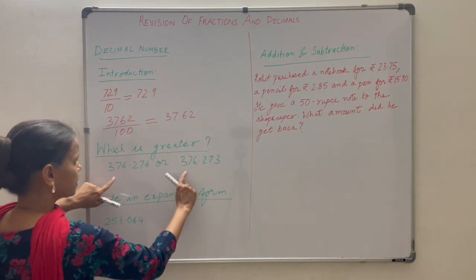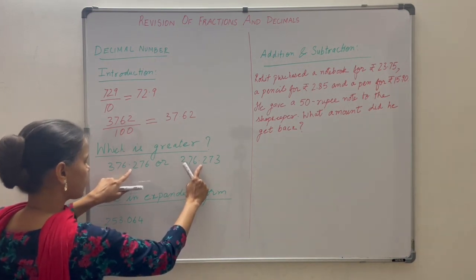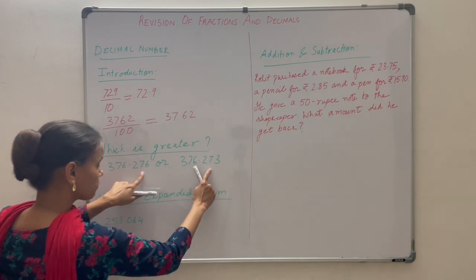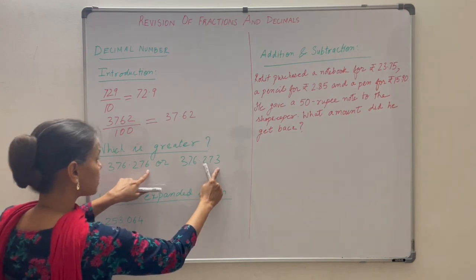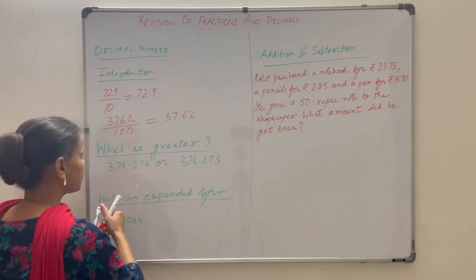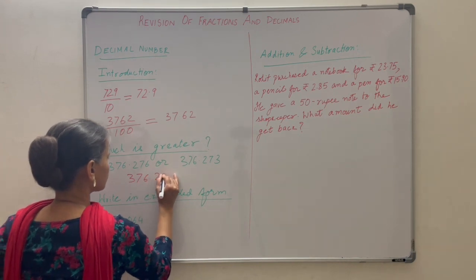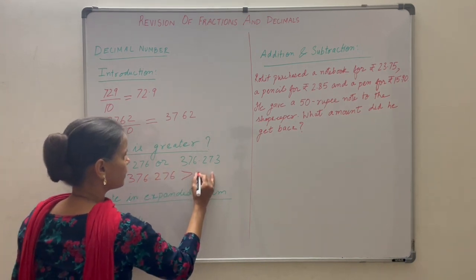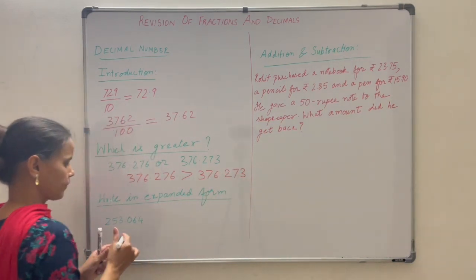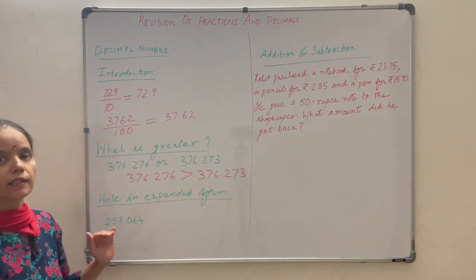In the hundreds place it is 3, tens place 7, ones place 6, and then after the decimal point, in the tenths place it is 2, in the hundredths place it is 7, in the thousandths place this is 6 and this is 3. So 6 is greater than 3. So 376.276 is greater than 376.273.